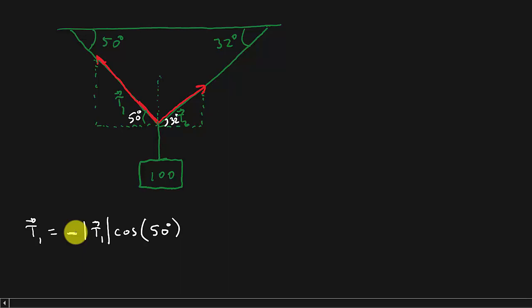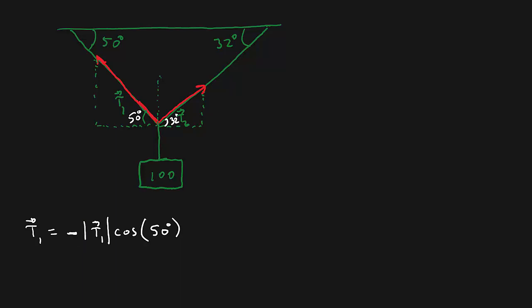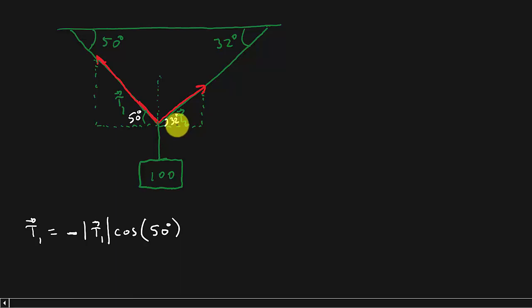So you might be wondering, why is it negative? Well, look at this. If I take this angle here and go along the positive axis, that angle's 130. So we do 180 minus 50, which is 130. So that would actually be the cosine of 130 degrees.